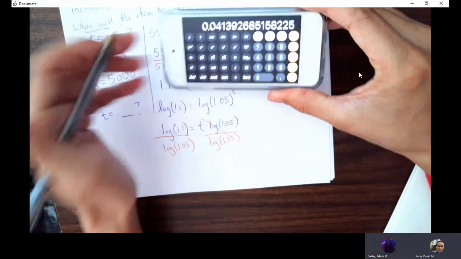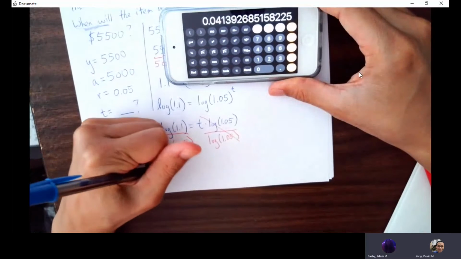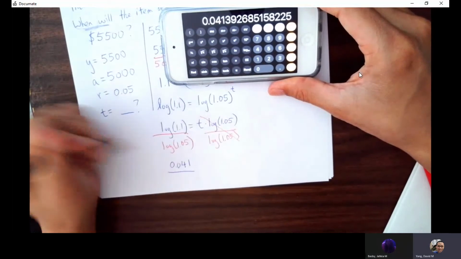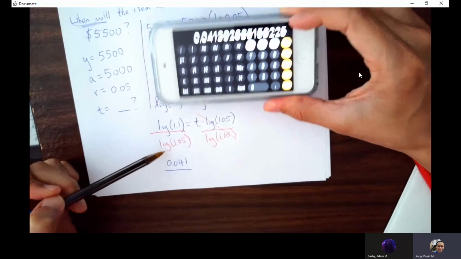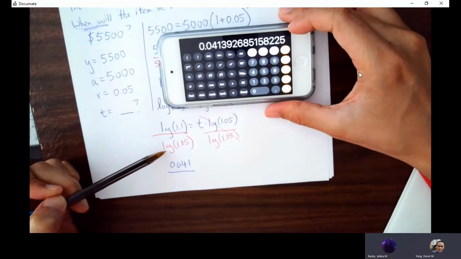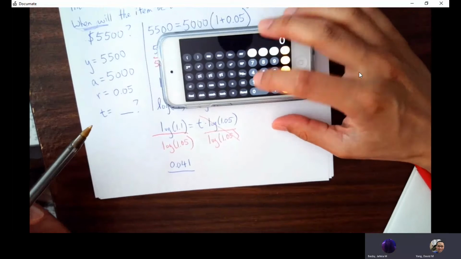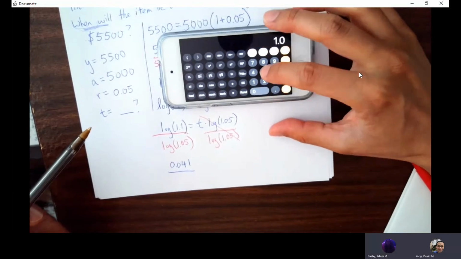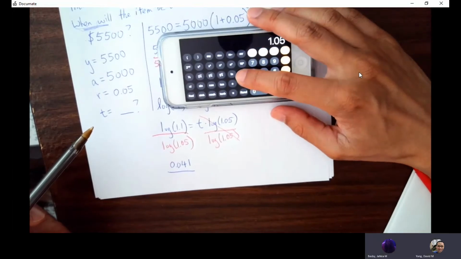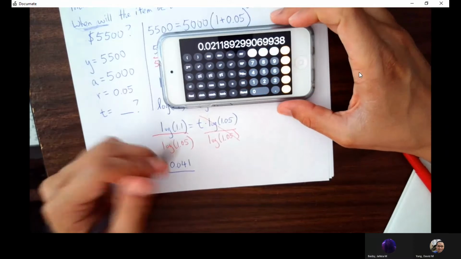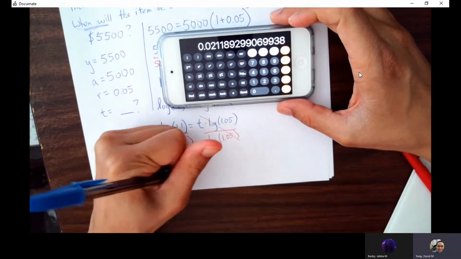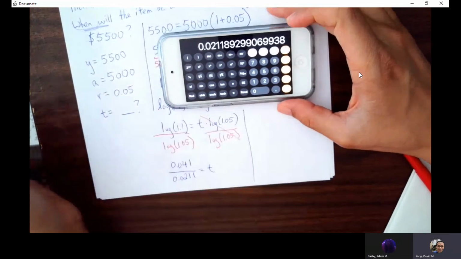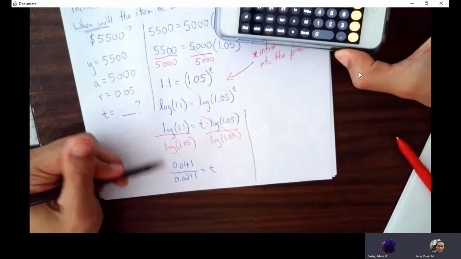Oh, yeah. Okay, we'll do the same thing for the value below, 1.05, and involve log for it. And now we can divide these two together.